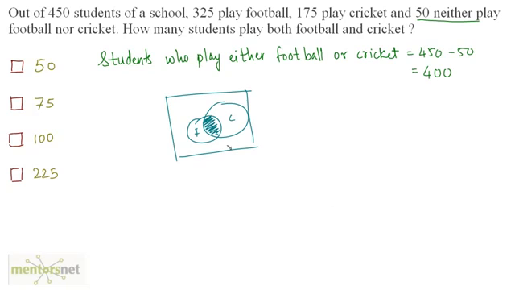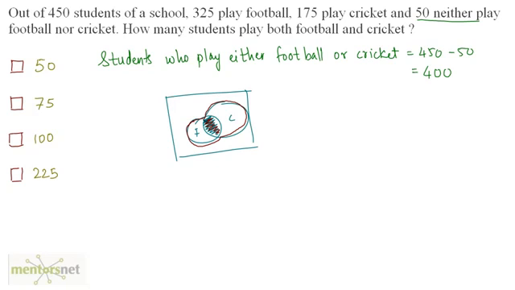Now I have this Venn diagram for you. There are some people who play football and some people who play cricket, and some of them play both of these sports, marked by this red shaded area. Now you have been given students who play either football or cricket, which means this complete area encircled by these red lines.